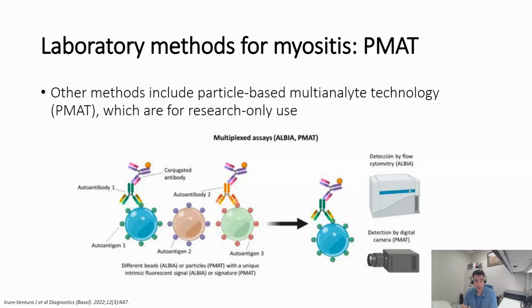And each of these paramagnetic particles can be isolated and identified using two LEDs. Usually one LED identifies the bead, so which autoantigen is attached to that bead. And then the second is used to determine whether that autoantibody is present, so whether it's bound or not bound. And again, this is currently being used for research use only.